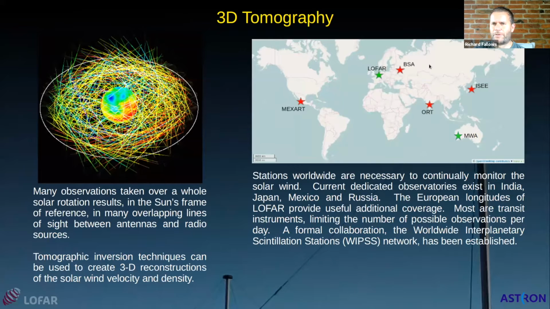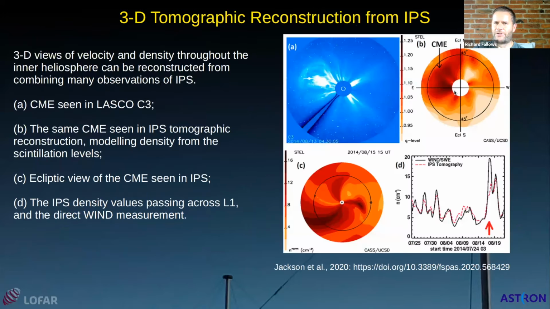Ideally, the more instruments and the more data we can combine in the tomographic image, the better that image can be. What we end up with is plots such as those on the right-hand side here: 3D views of the velocity and density throughout the heliosphere.